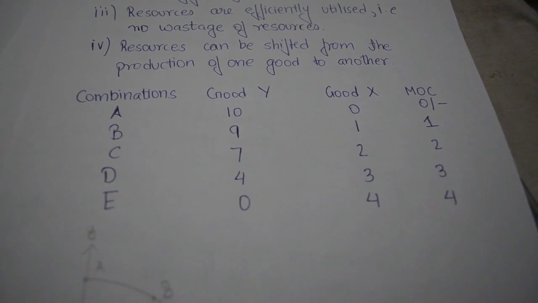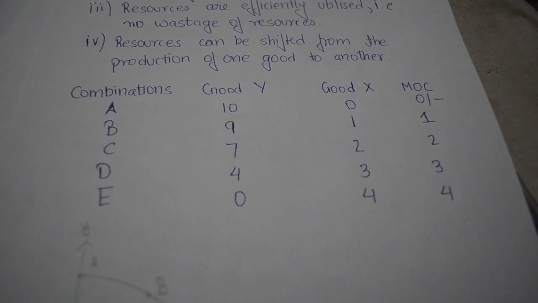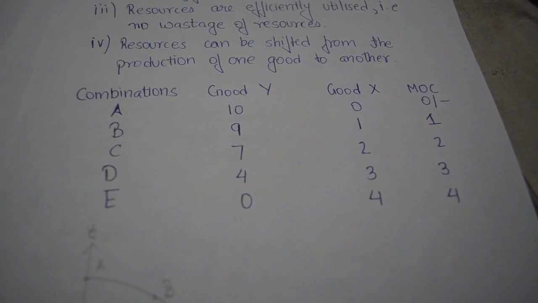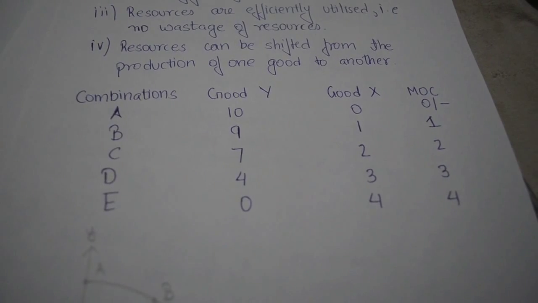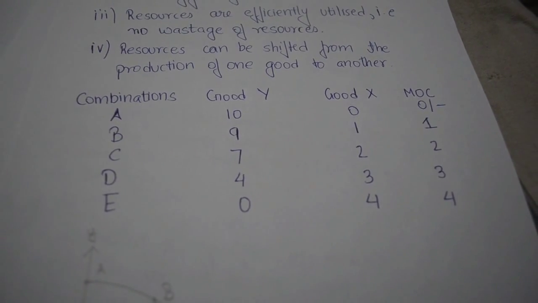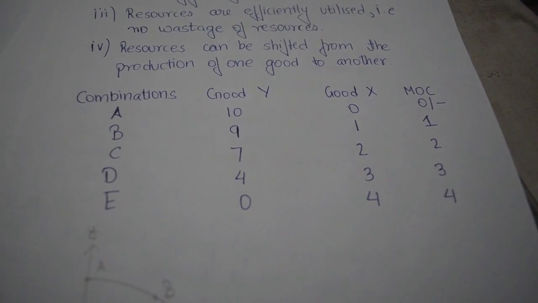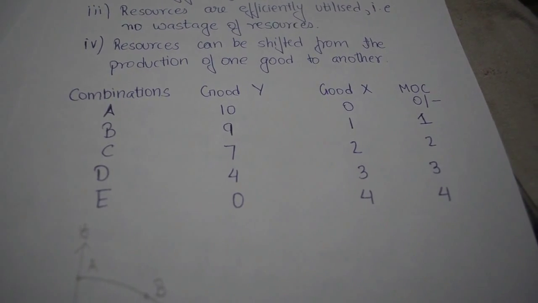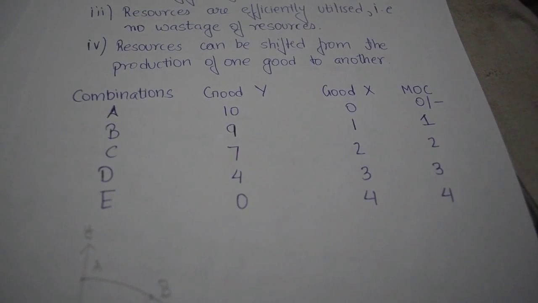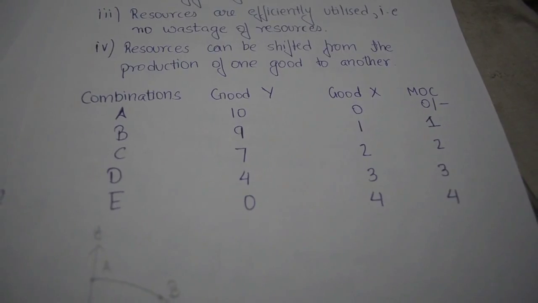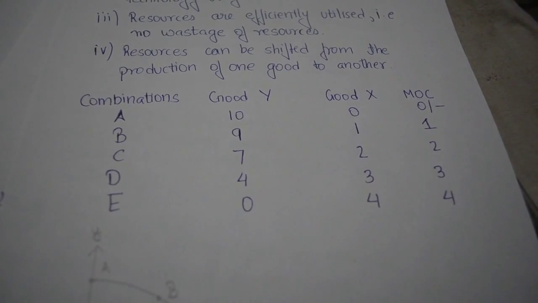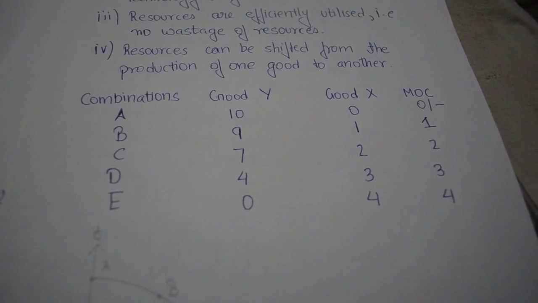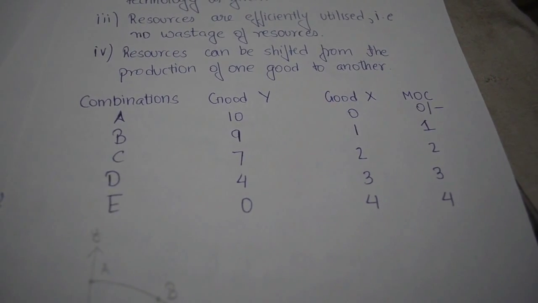Combination B shows that we have sacrificed 1 unit of good Y to gain 1 unit of good X. And combination C shows that we have sacrificed 2 units to gain 1 more unit of good X.